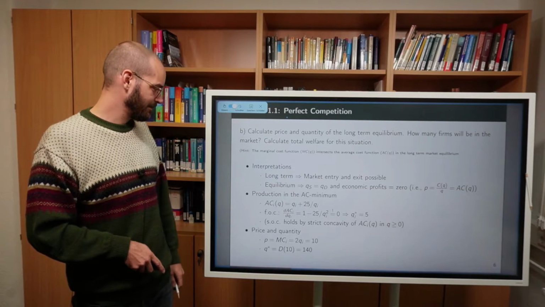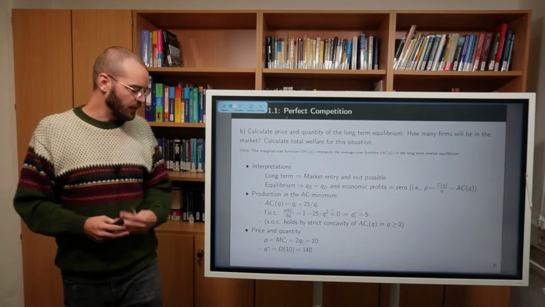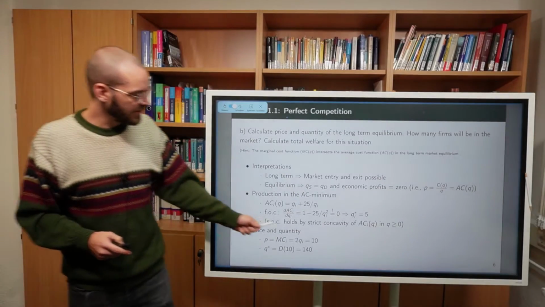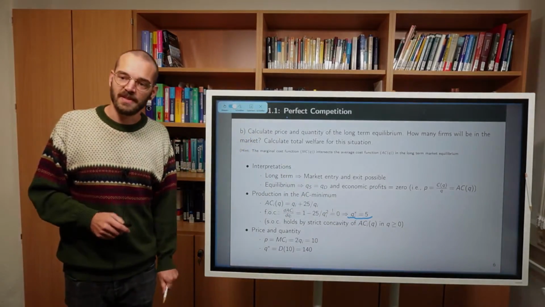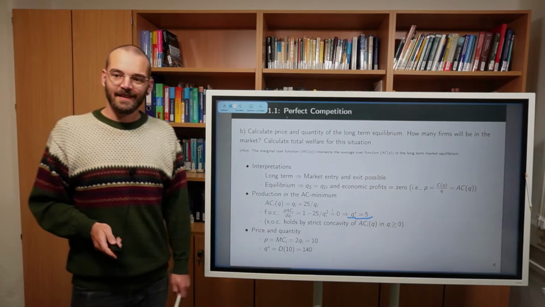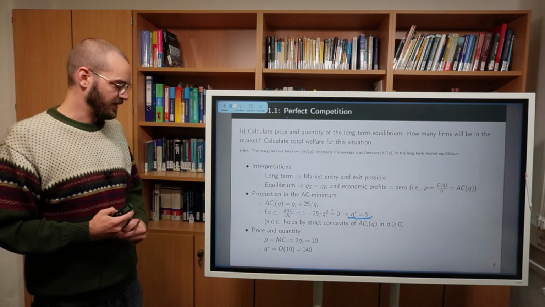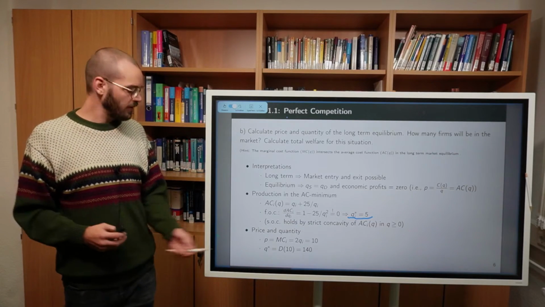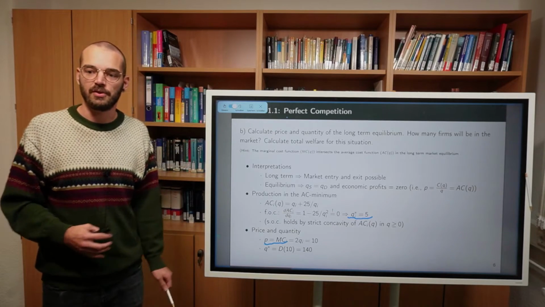All right. Now, what is the price and the quantity in the long-term market equilibrium then? Well, we have already found out that the equilibrium quantity of each individual firm is 5. Now, in order to find out what the price is in this market equilibrium, we can again make use of the condition that we stated earlier, namely that the price must equal the marginal costs of each individual firm.